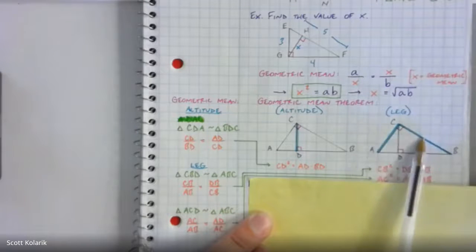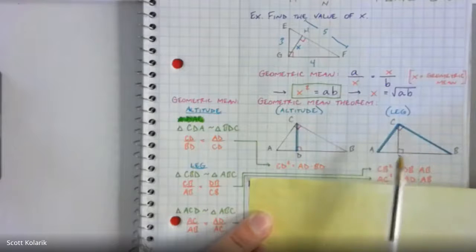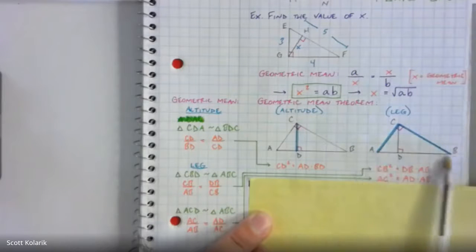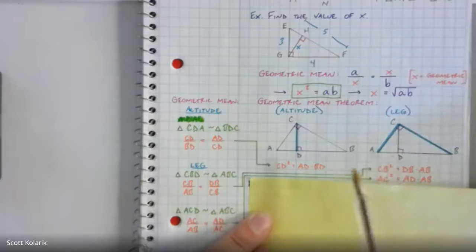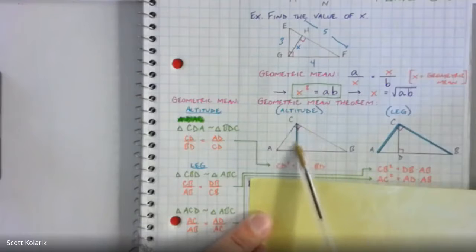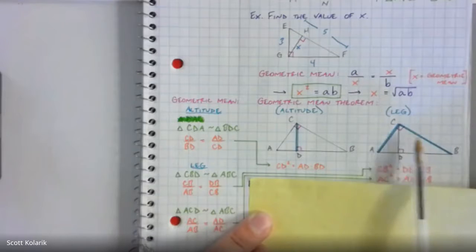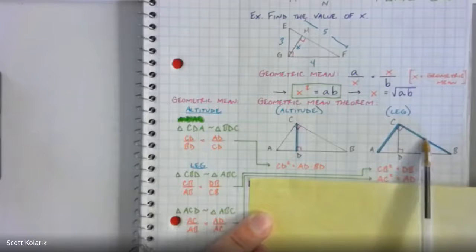The legs, again, being the 2 sides that create the 90-degree angle, whereas the hypotenuse is the side opposite that right angle. So what 2 situations are we talking about here? I'm either solving for the altitude, in this case, or I'm solving for one of the 2 legs, one of the 2 sides of the major triangle.